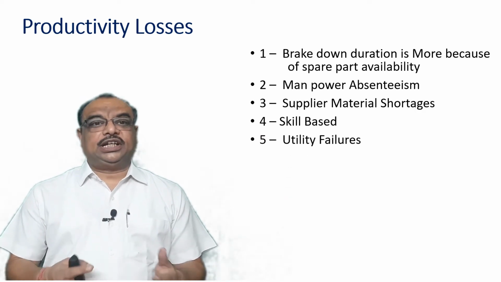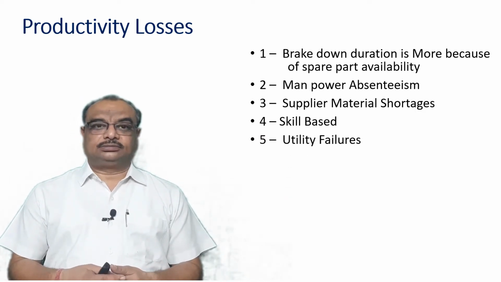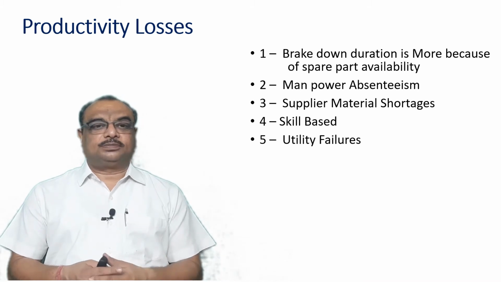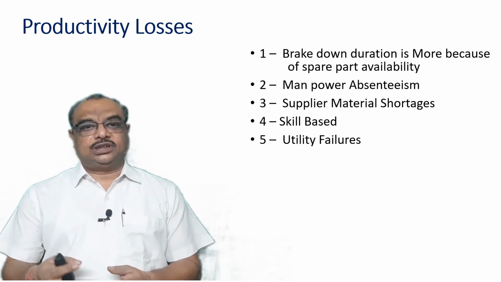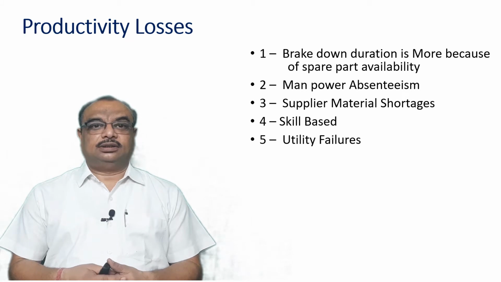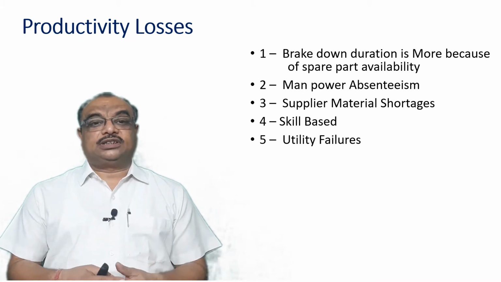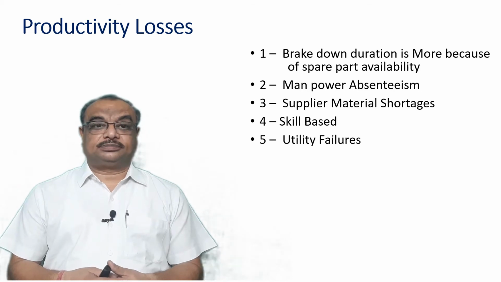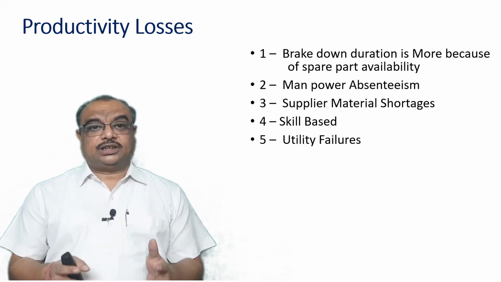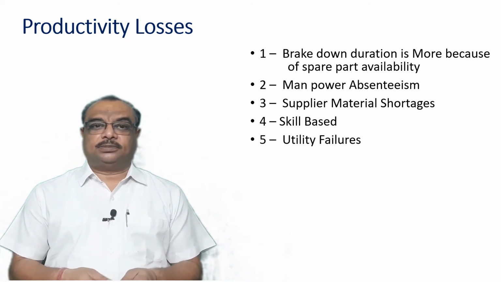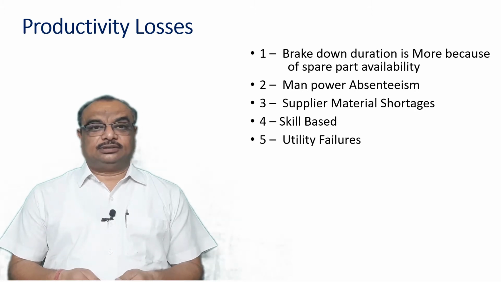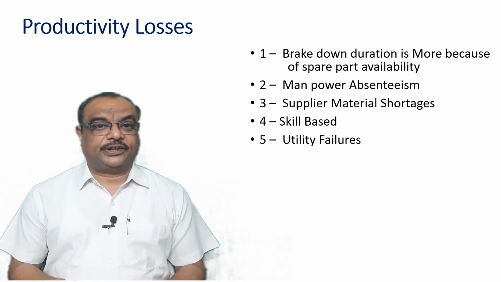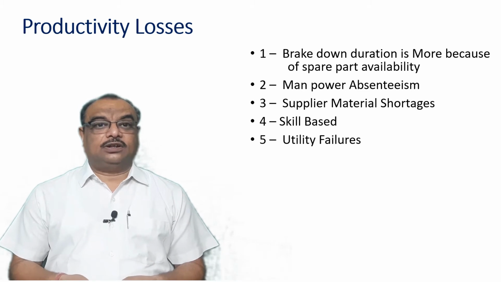And utility interruptions, which are very common. Sometimes, suppose power fails, so we use the DG sets, but when we want to use these DG sets, they are not ready for the purpose. This kind of situation creates a lot of problems for the industry with respect to manufacturing losses or productivity losses.